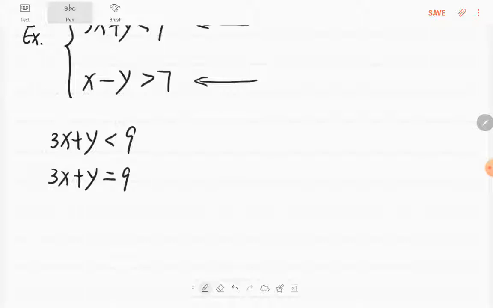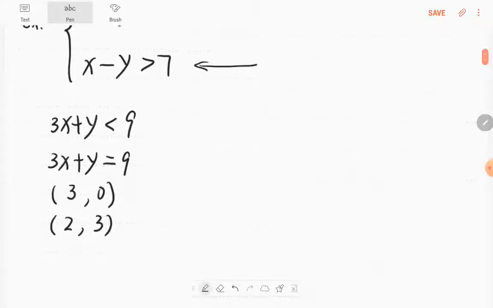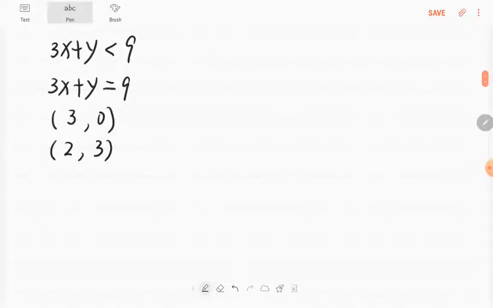So we need to find 2 points to sketch the graph. For example, if we set y to be 0, x would be 3. So this is 1 point. The other point: if x equals 2, y equals 3. So we can use these 2 points to locate the graph.